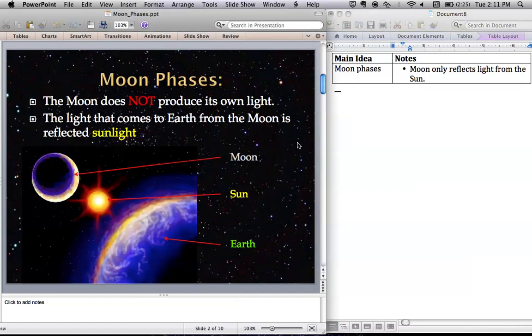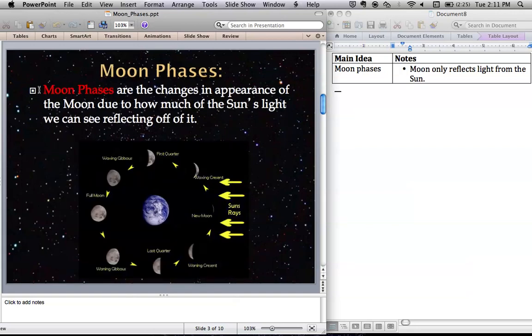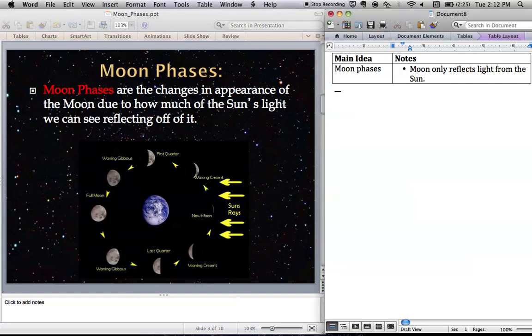And this is important because the moon phases are the changes in how the moon looks depending on how much of the sunlit side we can see. So the sun always lights up half the moon, just like it always lights up half the earth. And depending on where the moon is in its revolution around the earth, we see different amounts of the sunlit side.